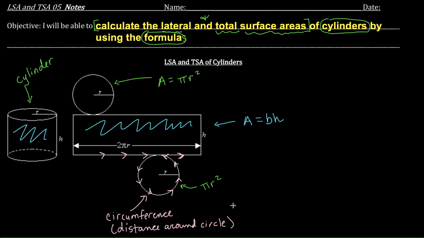In order to calculate that, a lot of people use 2 pi r. You can also use pi d, but I don't want to write too much here. So to get the distance around, it's 2 pi r. This right here, which is the base, is 2 pi r.